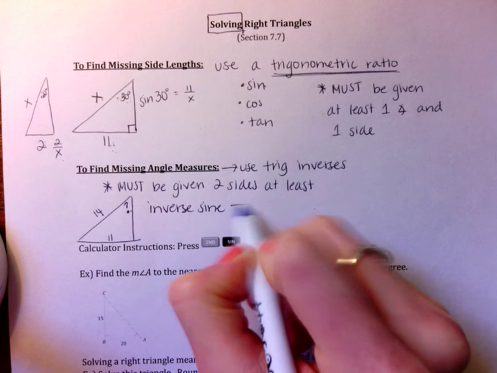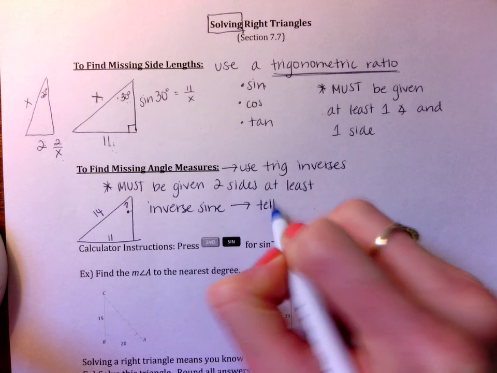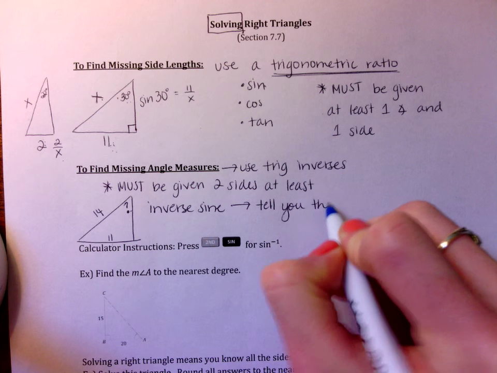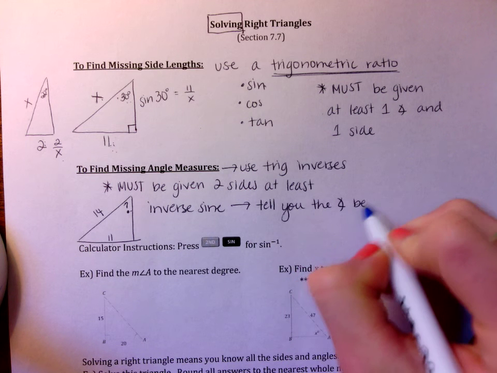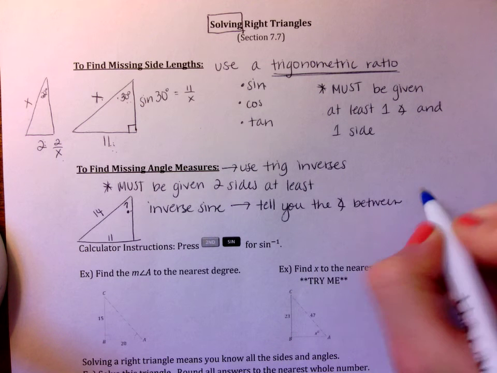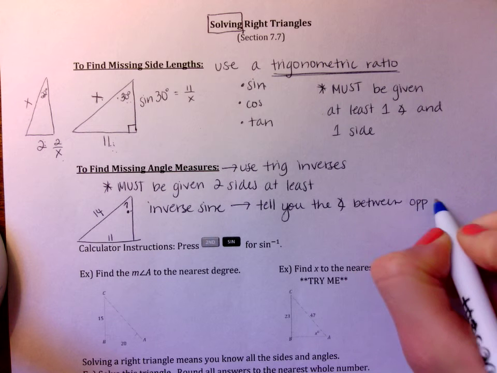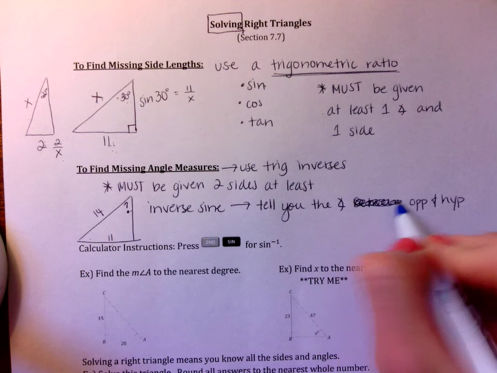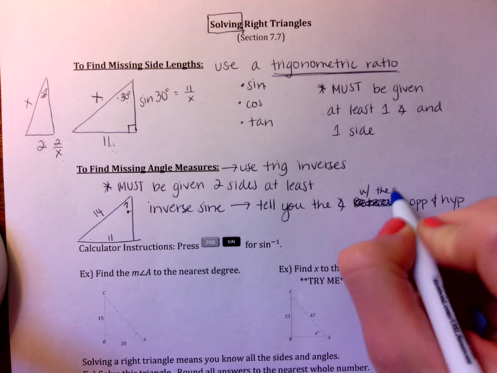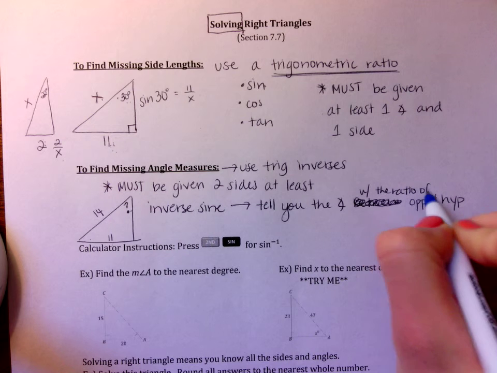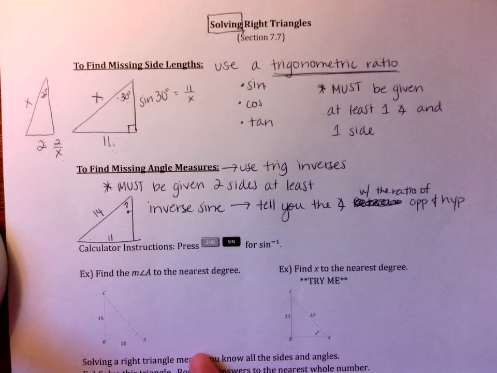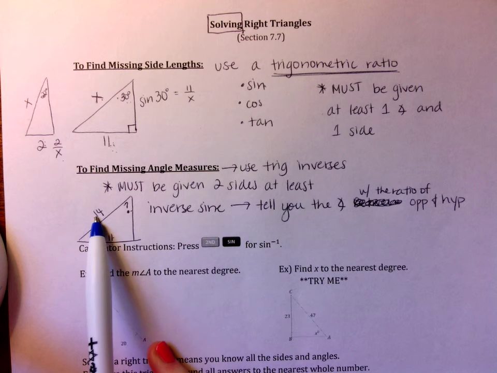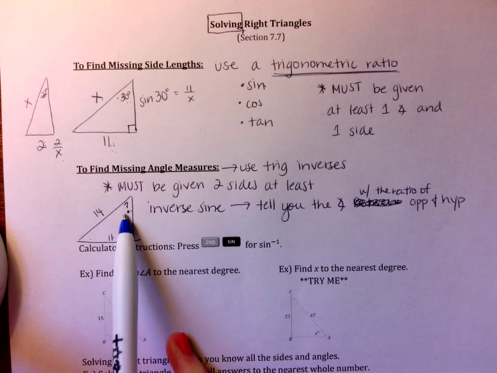Inverse sine will tell you the angle with the ratio of opposite and hypotenuse. I shouldn't say between because that's really this angle. So in other words, if you plug into your calculator, I have an 11 opposite and I have a 14 hypotenuse, it will spit out what this angle is.